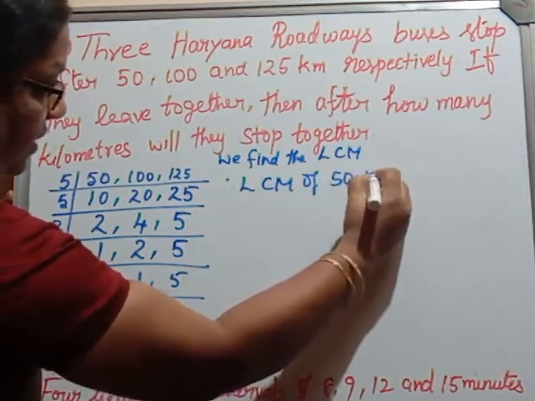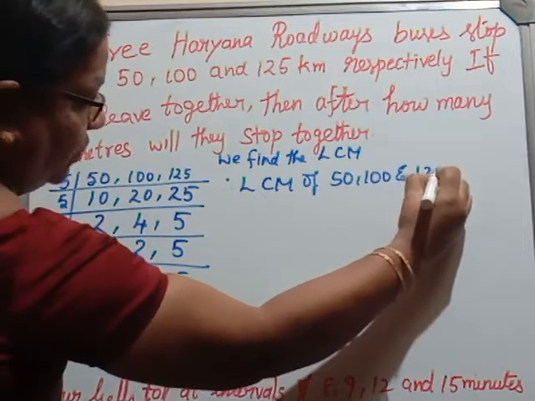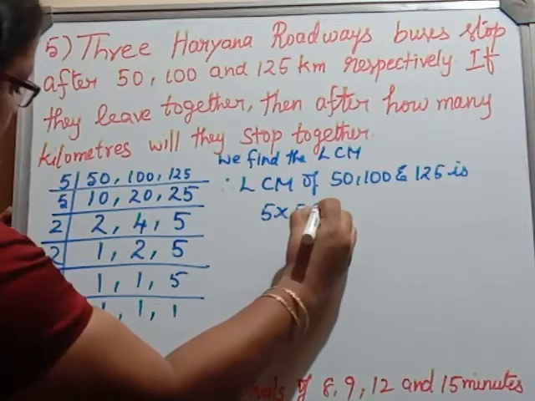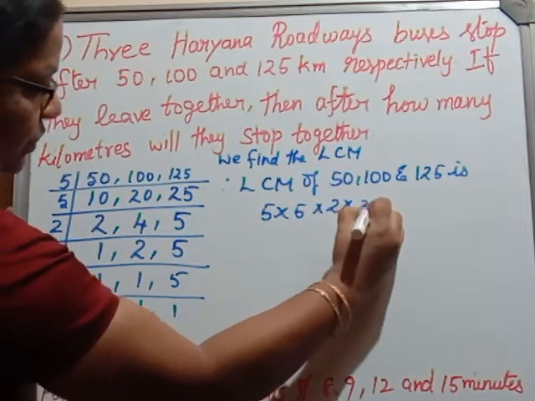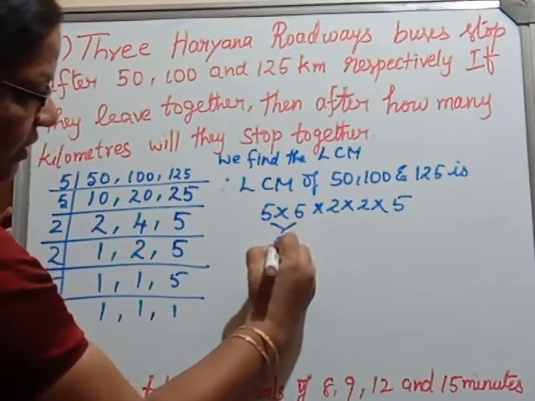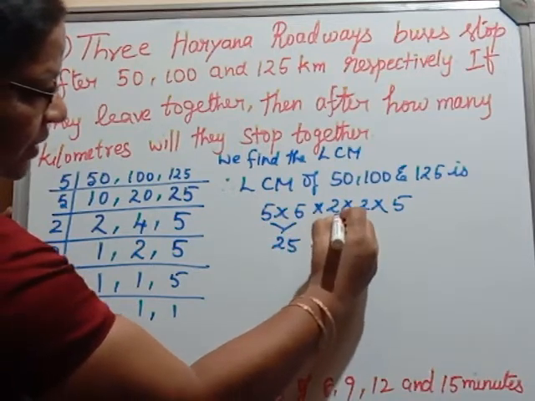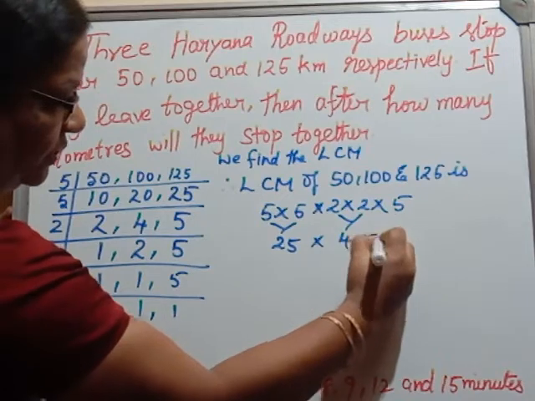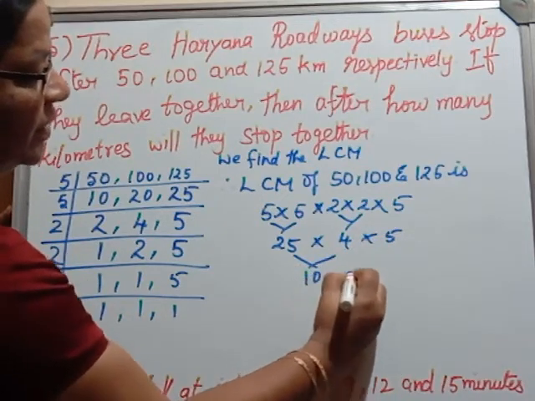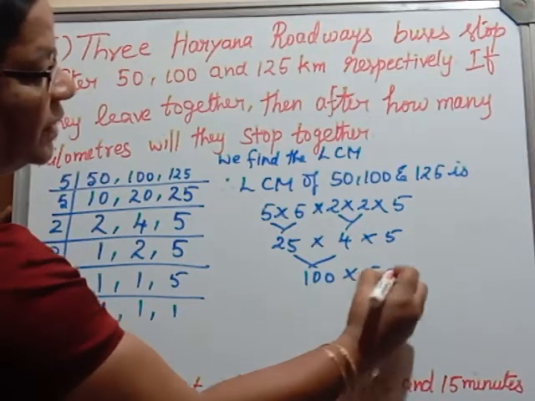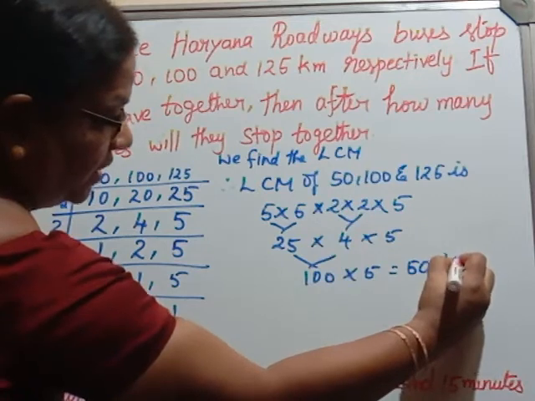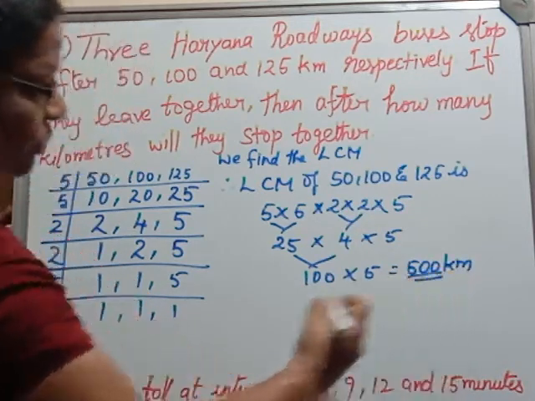So therefore, LCM of 50, 100 and 125 is 5 into 5 into 2 into 2 into 5. 5 5s are 25. Here 2 2s are 4, into 5. 25 4s are 100. 100 into 5, 500. So what is this 500? 500 kilometers.